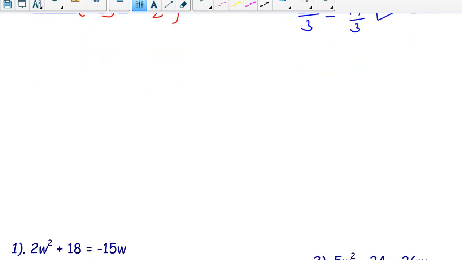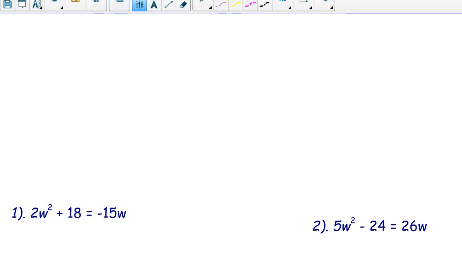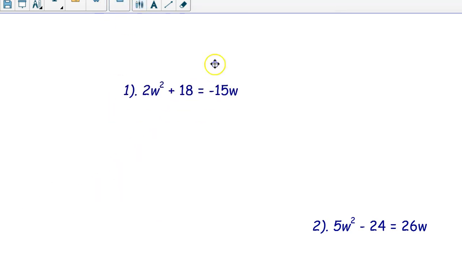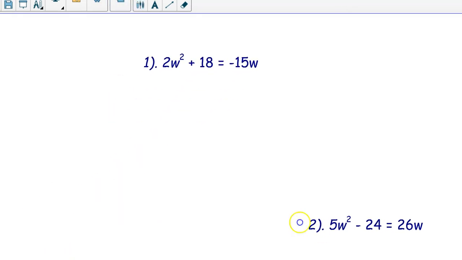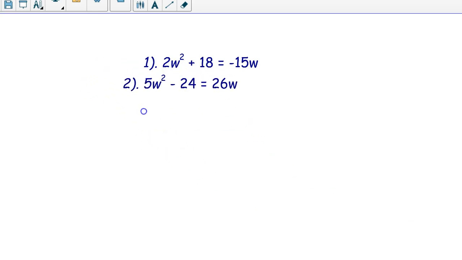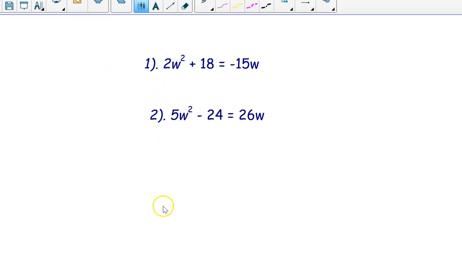Now I also have two problems for you to try, following the same process. The first one is this, and the second you have there. To answer the first problem, we just have to write it in standard form.